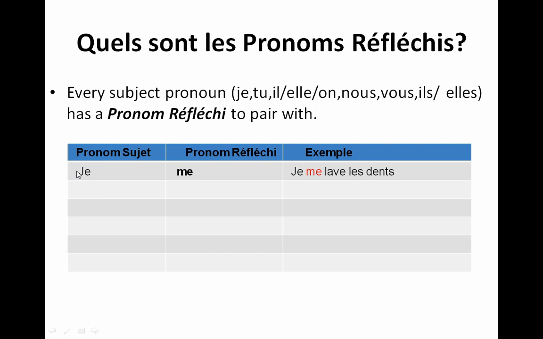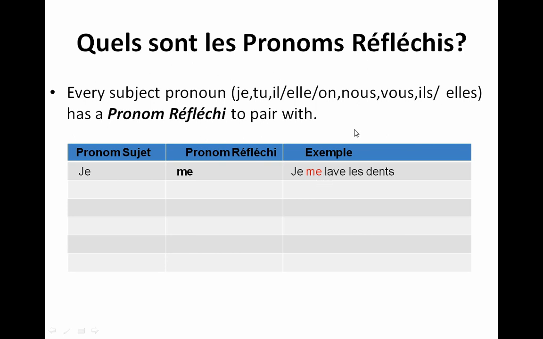Okay, so je, pronom sujet. Me, that's your pronom réfléchi, and that's your example right there. Je me lave les dents. In English, I brush my teeth. In French, this will be I wash my teeth, because you can say both.